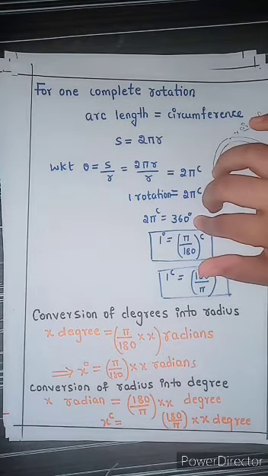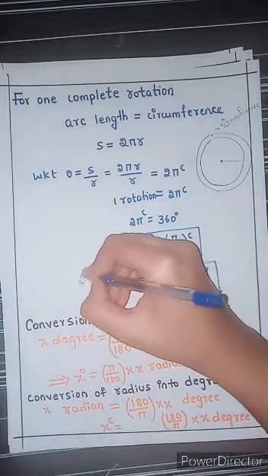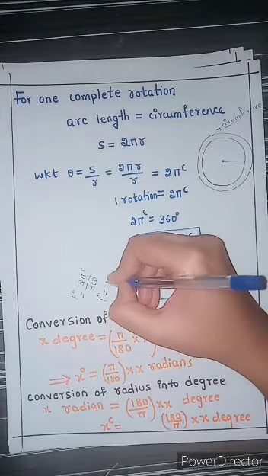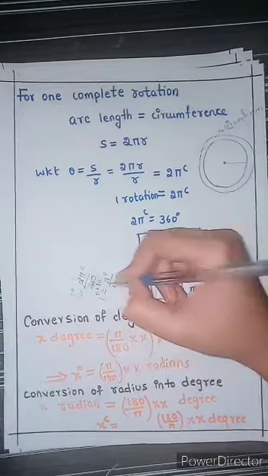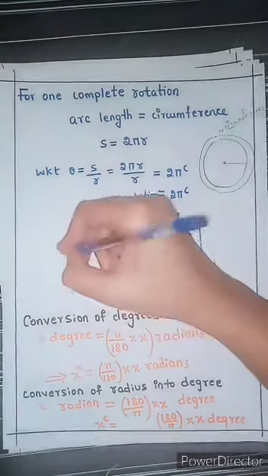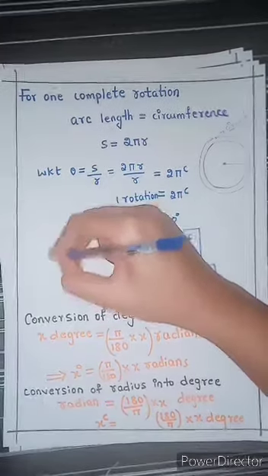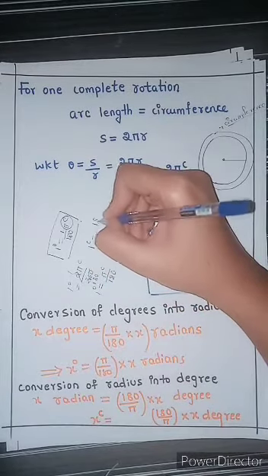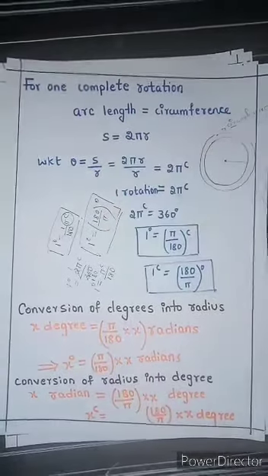As we all know that one rotation is equal to 360 degrees, so 1 degree is equal to 2 pi radians by 360, that is 2 pi by 360, which gives pi by 180. So 1 degree is equal to pi by 180 radians, whereas 1 radian is equal to 180 by pi degrees.